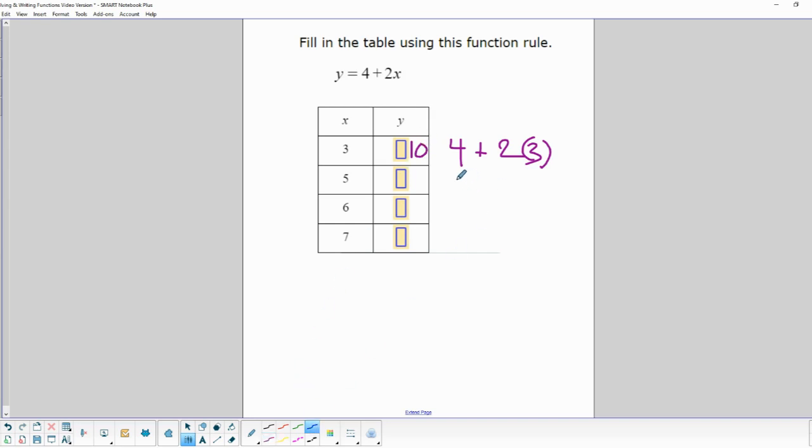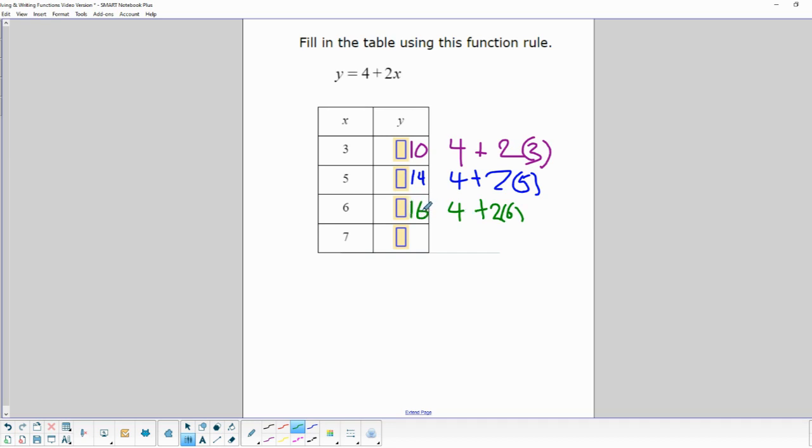On our next one, we're going to have 4 plus 2 times 5. 2 times 5 is 10, and 10 plus 4 is 14. On our next one, we got 4 plus 2 times 6. And 2 times 6 is 12. 12 plus 4 is 16.